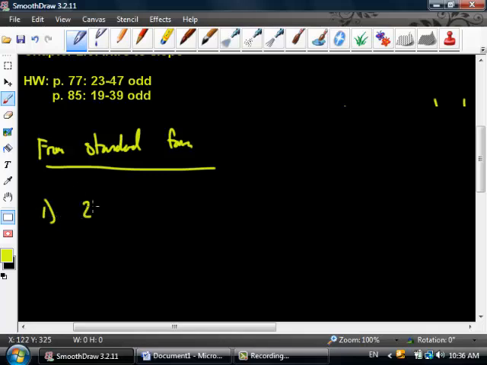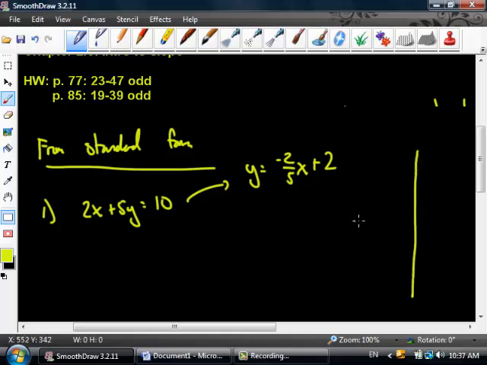So if I have, say, 2x plus 5y equals 10, I can either convert this into slope-intercept form, in which case you just need to trust me, it is y equals negative 2/5 x plus 2. You can graph it that way. So why don't we just go ahead and graph this one like this. Up 2, after I draw my little tick marks here.